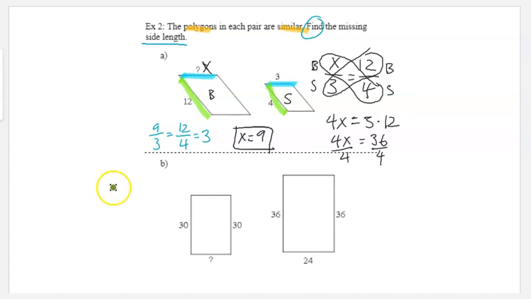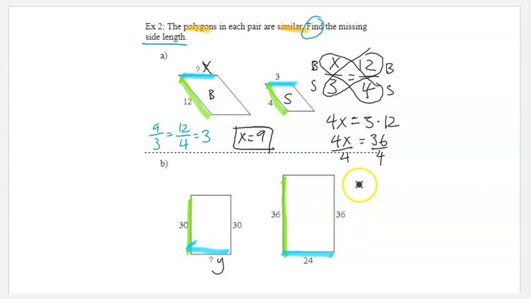All right, so trying that again, matching up my proportional and corresponding sides. I have 30 and 36, my unknown side, and 24. So I can do a different variable this time, whatever one I would like.